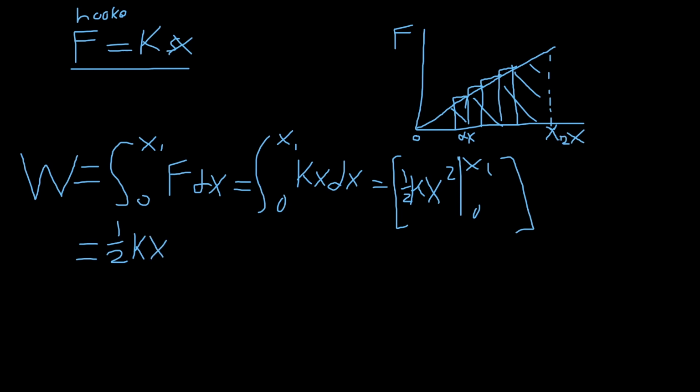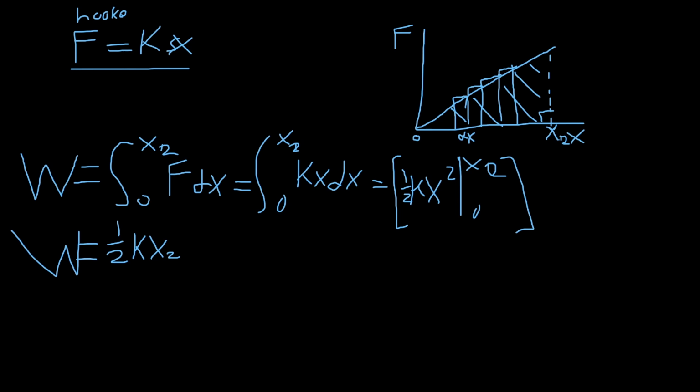Actually, we should call this x1 squared, and that's how we find this. But if you look at this, we can kind of just figure it out by looking at this right triangle here.